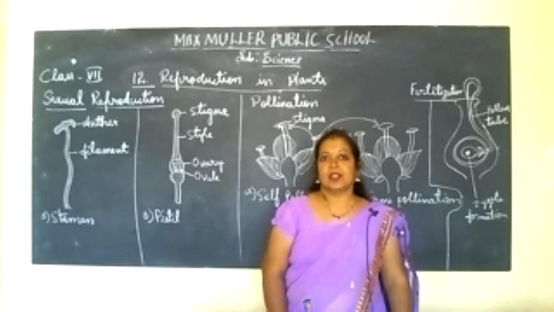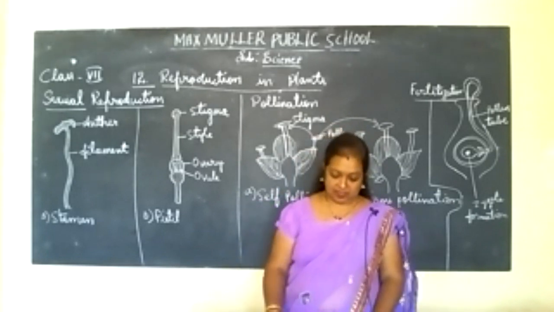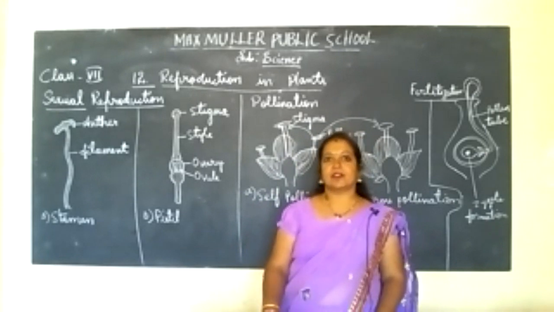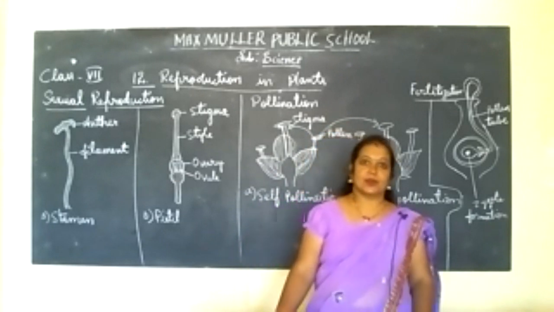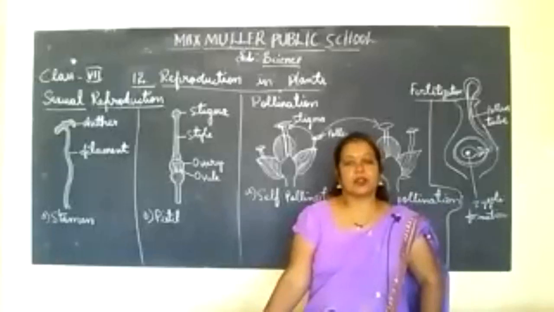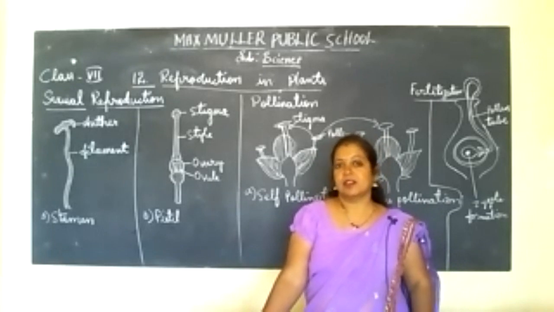Okay, last class I did a little bit about the asexual type of reproduction. The first type, vegetative propagation, I already explained in the class when you were coming offline.